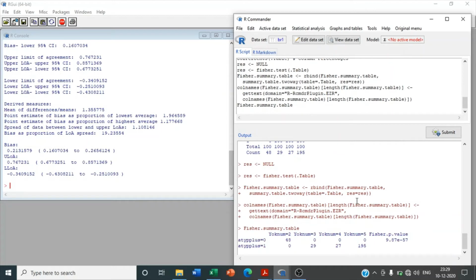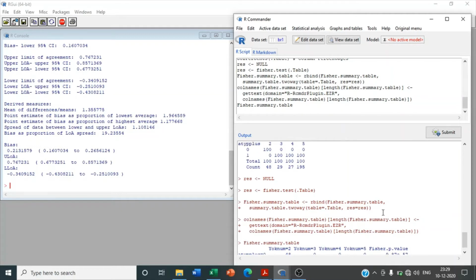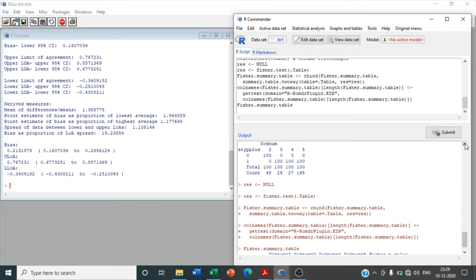And what we see over here is atyp plus equal to 0 corresponds just to Yochnam 2, that is benign. 48 cases of benign, and all the cases categorized as 1 are represented by what were originally reported as atypical or suspicious or malignant. So at a predefined cutoff of atypical, we are treating it as malignant over here.